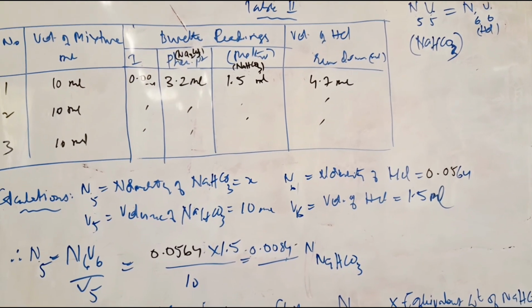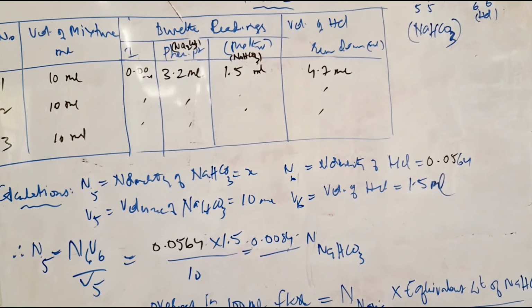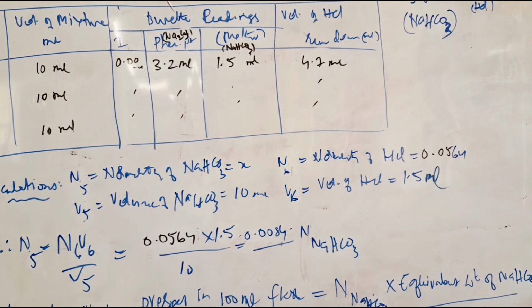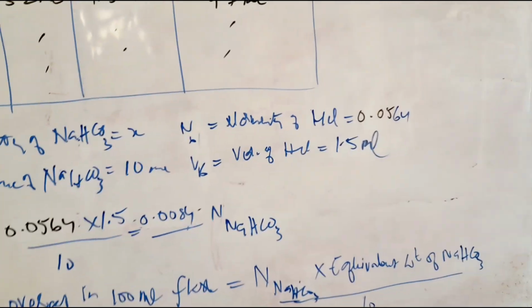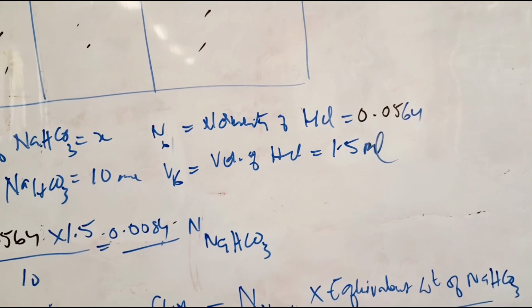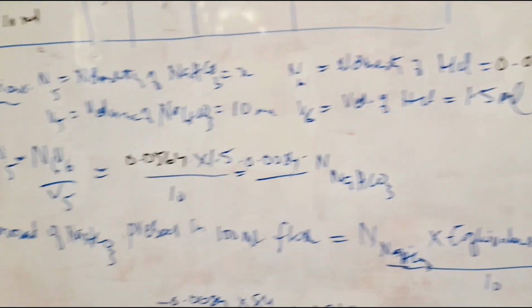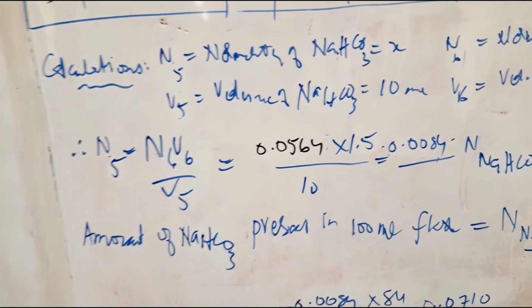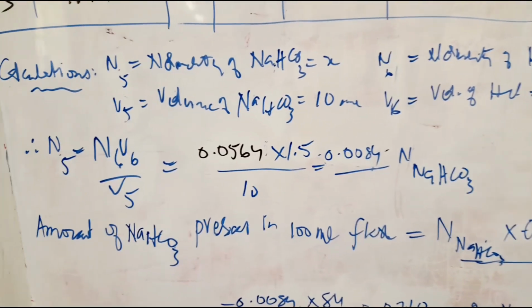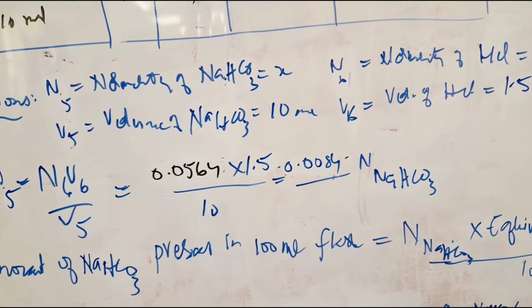N5, the normality of sodium bicarbonate, is not known, X. V5, the volume of sodium bicarbonate from the mixture, is 10 ml, and N6, the normality of HCl, is 0.0564 from part 1. V6, the volume of HCl, is 1.5 ml. As per the formula, N5 equals N6V6 by V5, that is 0.0564 into 1.5 by 10, which equals 0.0084 normal sodium bicarbonate.